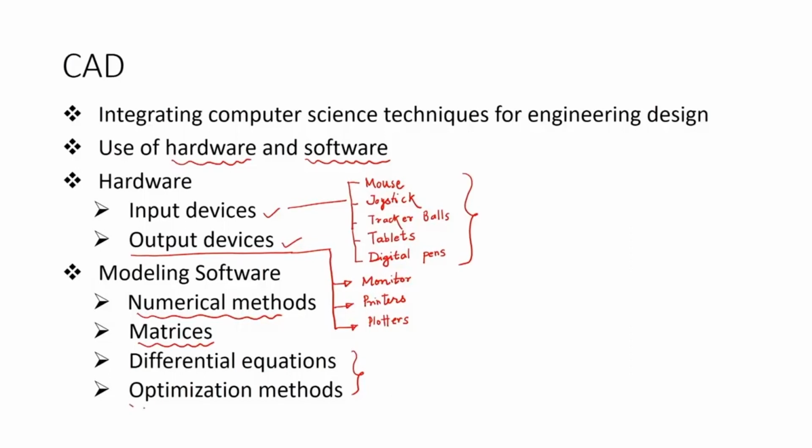To finalize the dimensions, a variety of optimization methods are being utilized nowadays. These are the classical methods of optimization or the evolutionary optimization methods such as genetic algorithm.